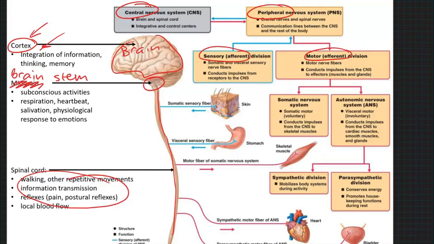So sensory is obviously responsible for sensing. Another term for sensory is afferent, okay? Sensory equals afferent. And for motor, another term is efferent.